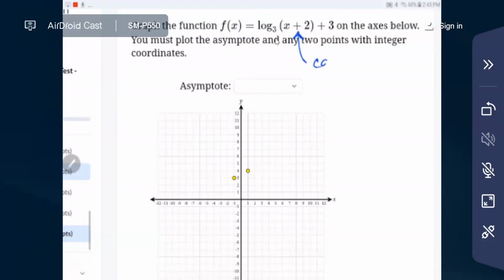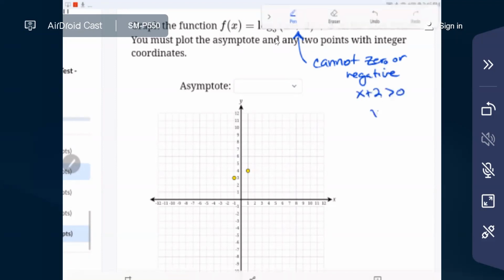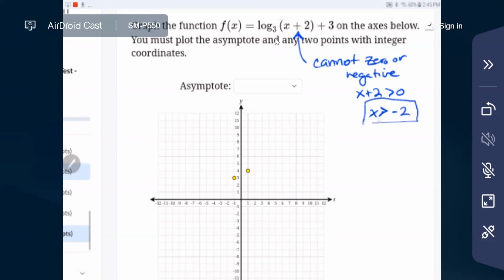So this cannot be less than 0. Cannot be 0 or negative. So when is x plus 2 greater than 0? It's when x is greater than -2. So this is going to be our asymptote.